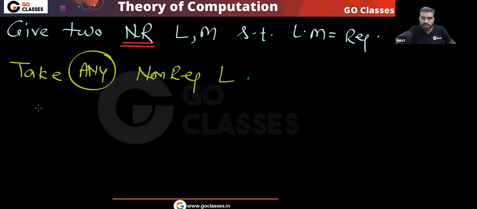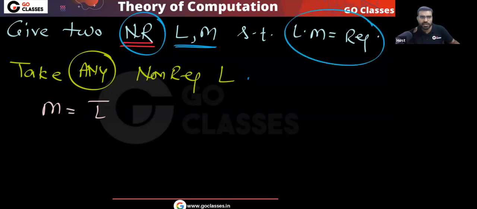Then what you do, M equal to L complement. What I'm saying, I want two non-regular languages such that their concatenation is regular.